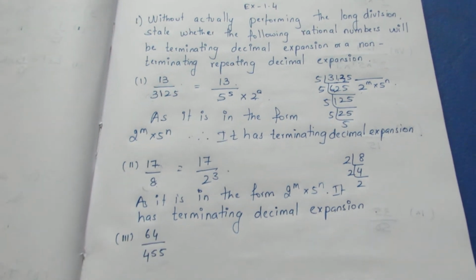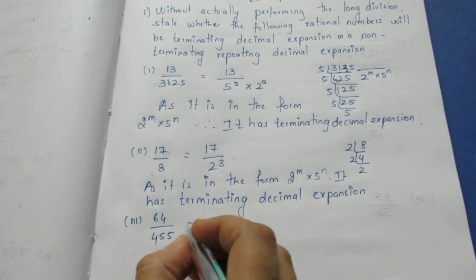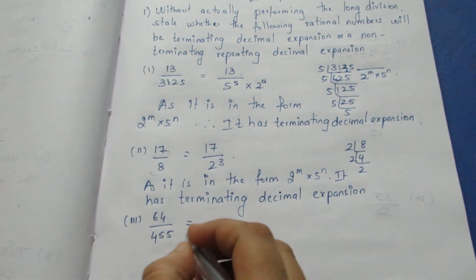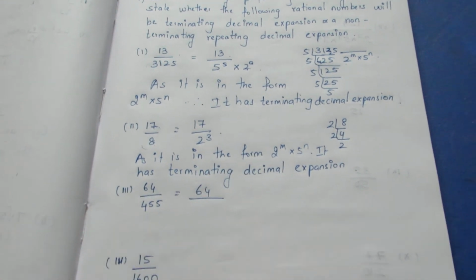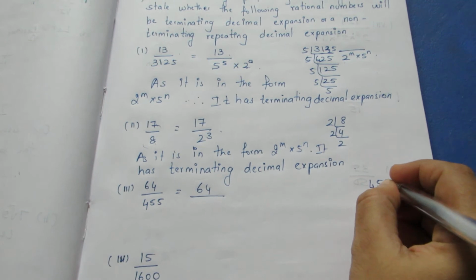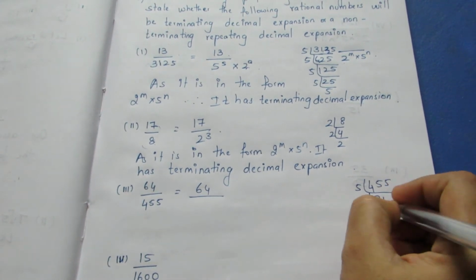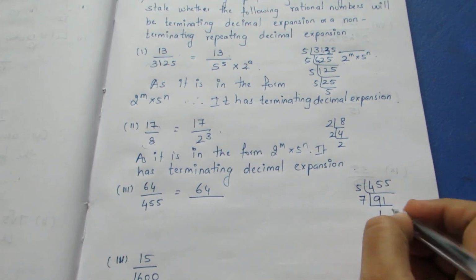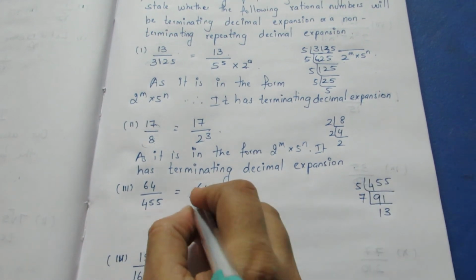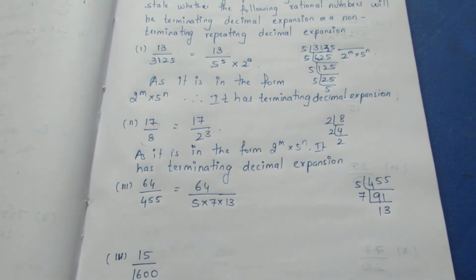So that's all with the second sum. We'll move on to the third one. The third one is in simplified form. We can't cancel it further. We can do factorization directly for 455. For 455, it goes in 5 tables. 5 nines are 45, 5 ones are 5. It goes in 7 tables. 7 ones are 7, 7 thirteens are 91. So the factorization is 5 into 7 into 13. As I told before, it should be in the form 2 power m into 5 power n.